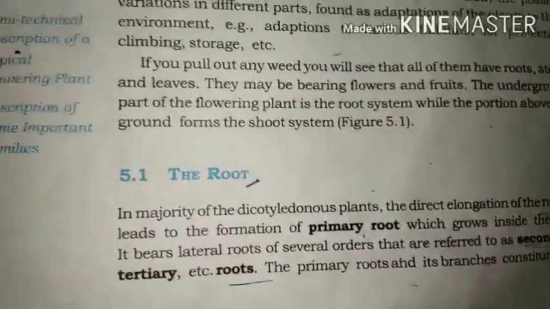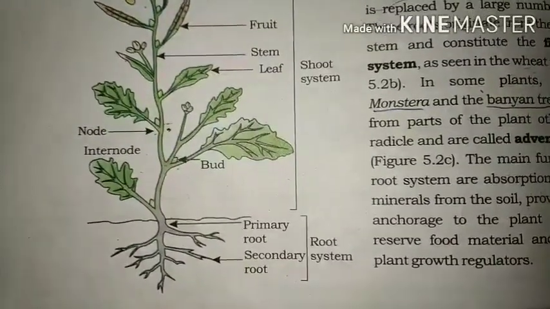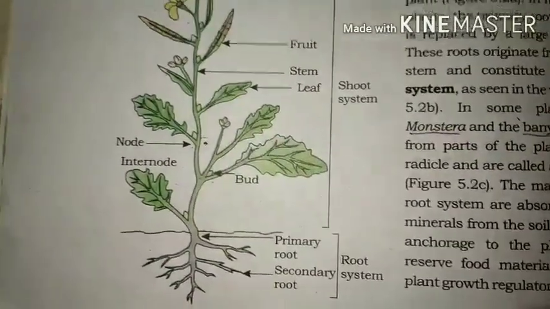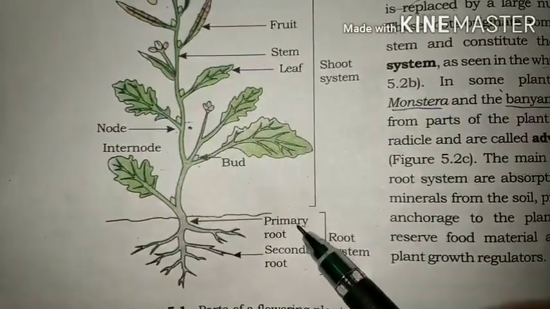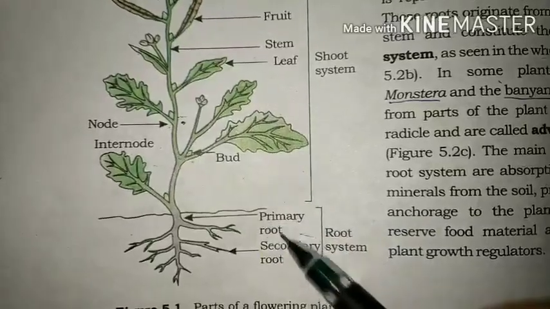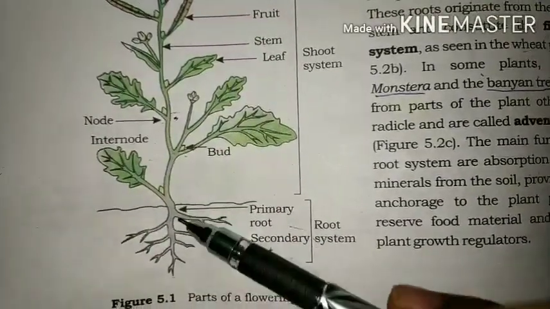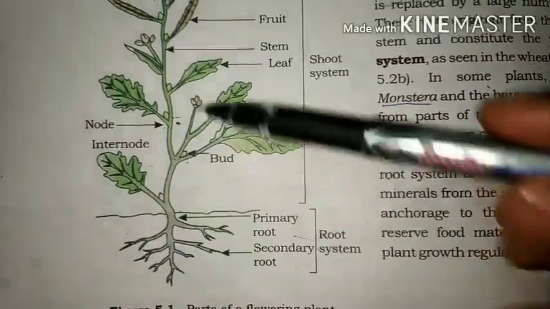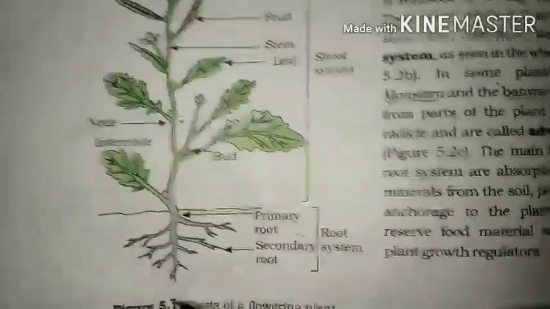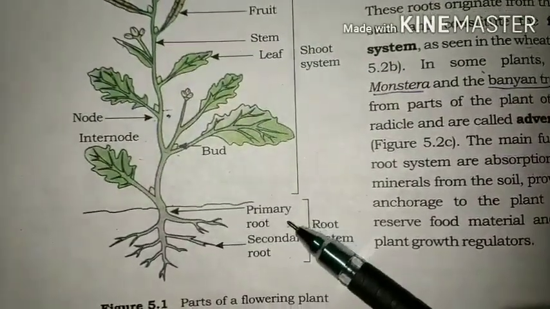To know the root system, we have to know two things: what is meant by the primary root and what is meant by the secondary root. The primary root is nothing but the radicle part which grows inside the soil. What is meant by radicle? The part other than the stem which grows inside the soil is said to be the radicle. This radicle is nothing but the primary root.